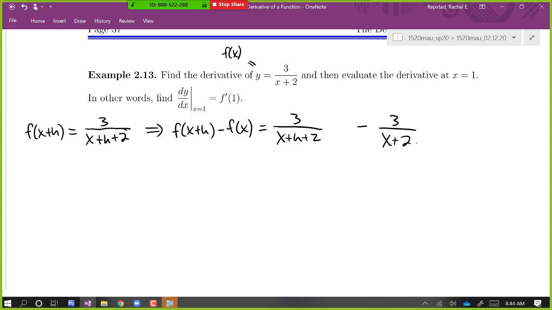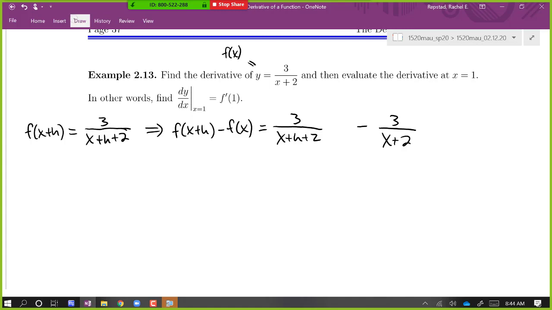And so we just have to remind ourselves that x plus 2 and x plus h plus 2 are completely different. They have no factors in common, right? I can't just do plus h on the last one. We could think of these denominators as being like relatively prime to each other. So what we're allowed to do when we get a common denominator is multiply the top and the bottom by the same thing.